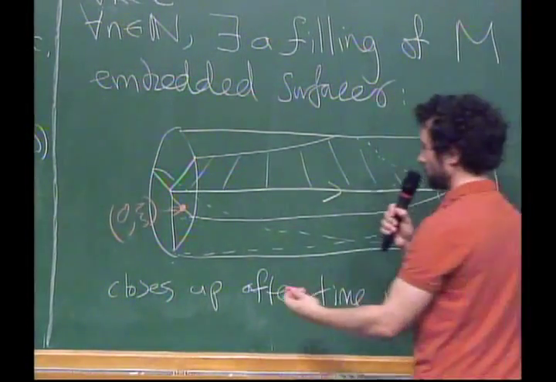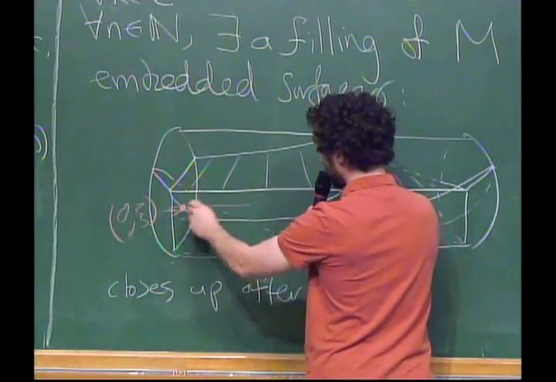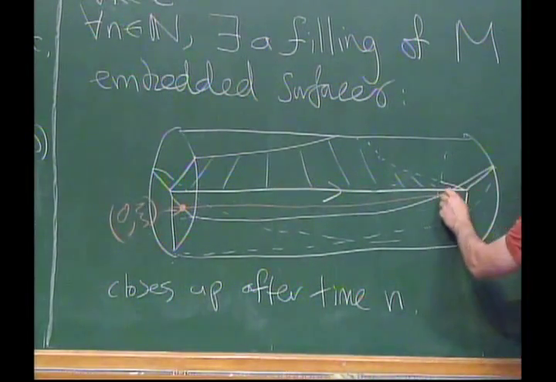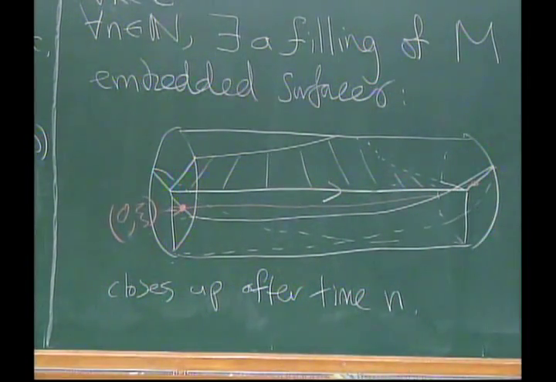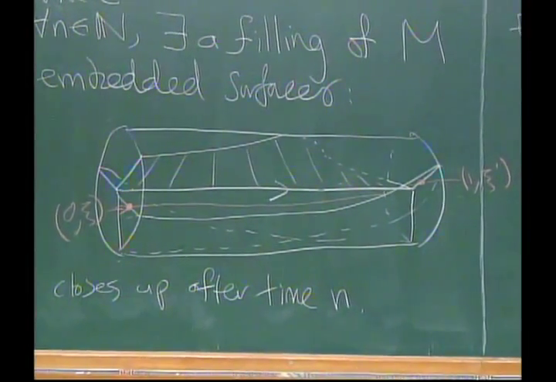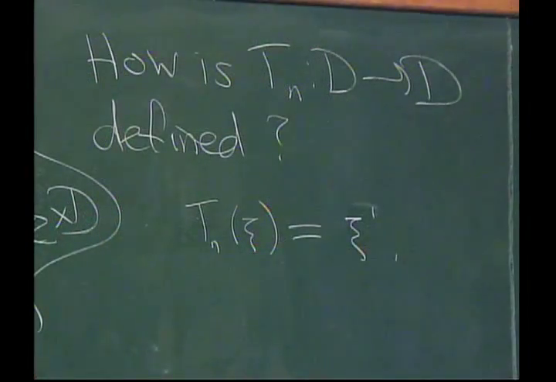And then you just follow the unique leaf that's passing through this point. Now, of course, there's many ways to follow it, but there's a natural way to follow it. And if you follow this in the natural way, you hit some other point here, and this will be the definition of the map. So this point is some point (1, z prime), and I'll define T_n of z to be z prime. So this gives you a map of the disk, and the regularity of this map is the same as the regularity of the foliation.